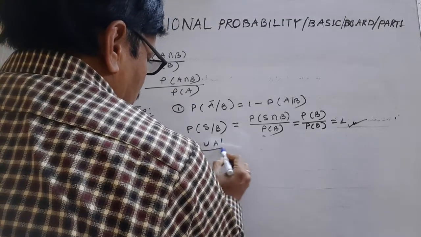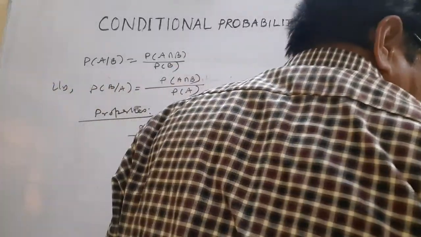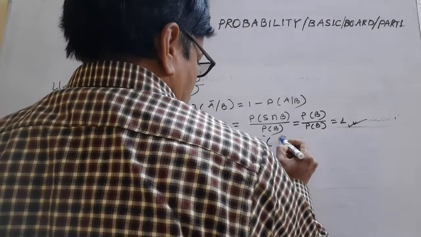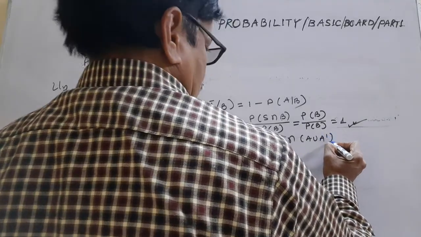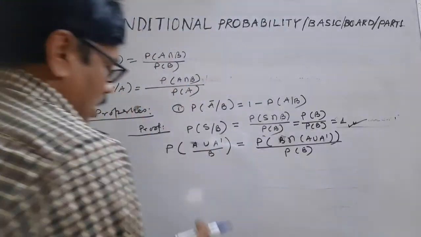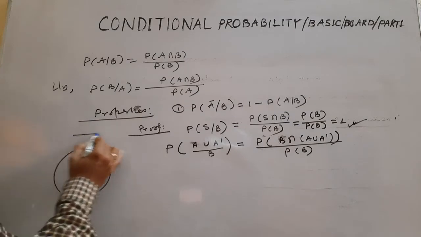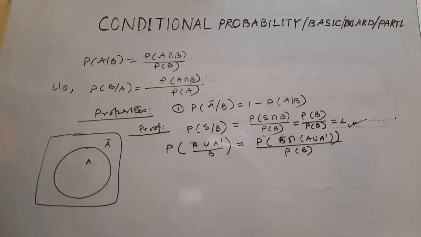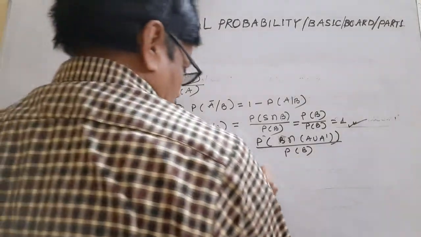By definition, P(S/B) is P(B intersection (A union A dashed)) by P(B). Look, property of sets: if it is A dash, that is A bar, then A plus A bar equals S. So for S, you can write this.